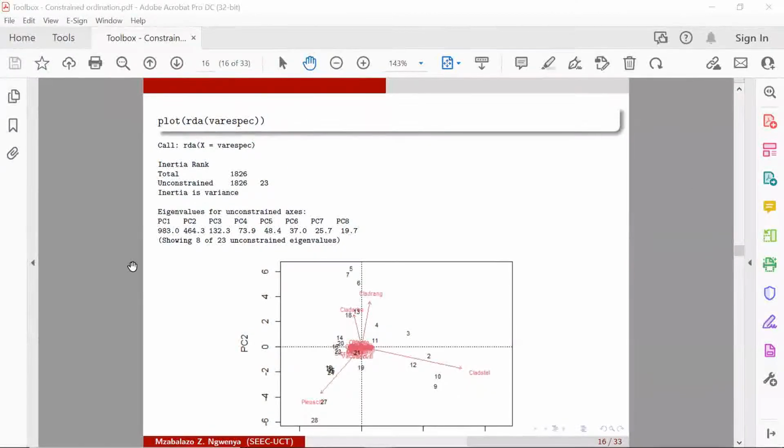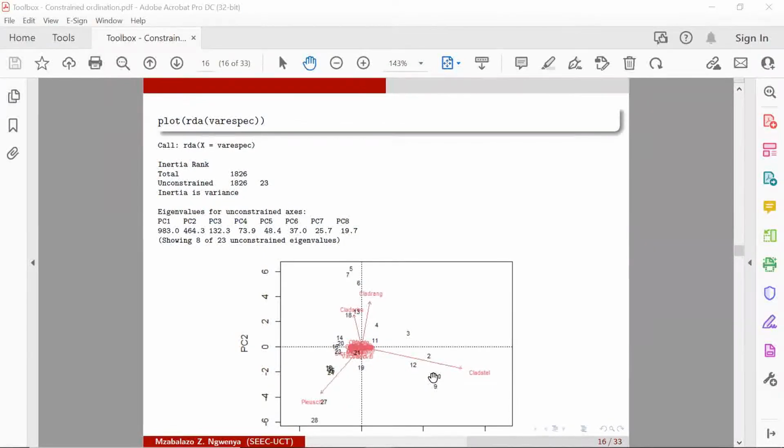What we're trying to do now, we've performed an unconstrained ordination. Let's see what our plot gives us. Remember the plot is supposed to reveal patterns in terms of our sites. We can see these numbers here, the different site identifiers, and we can see which sites are similar and which are different.